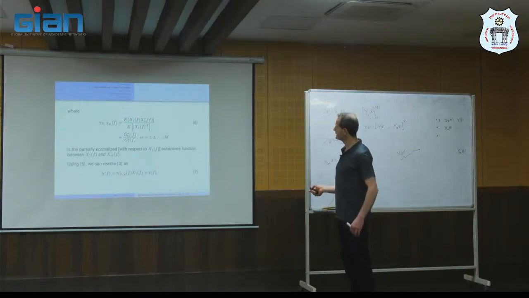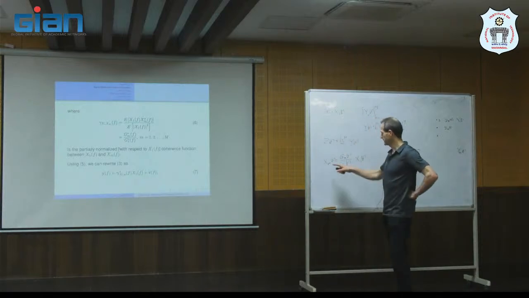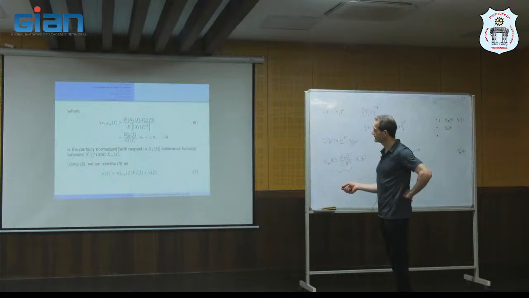And if I put in XM the way it is defined according to our model, I get that this partially normalized coherence function equals the complex conjugate of the relative transfer function.